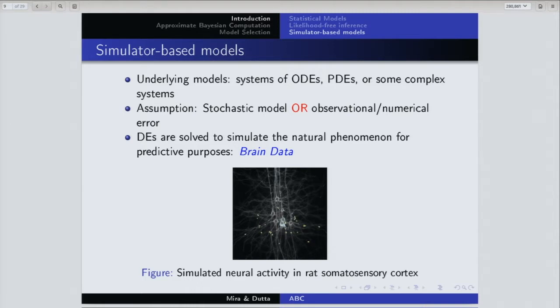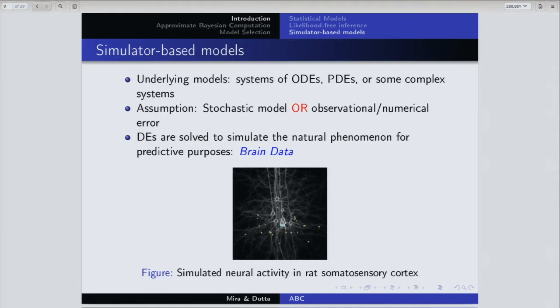In these ODEs or PDEs, we either assume that the model itself is stochastic, or that the observations are observed with an error, or when we want to forward simulate, there is a numerical error when we want to solve these PDEs or ODEs.